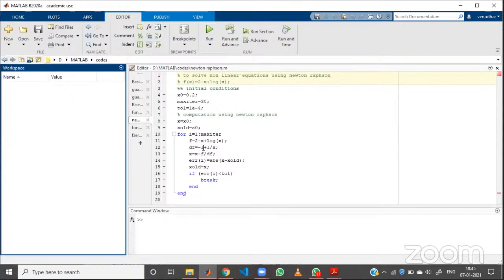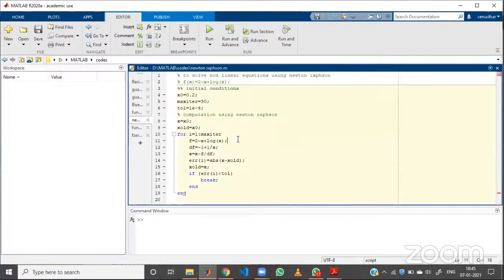Here I write the initial function, the differentiated function, equation.